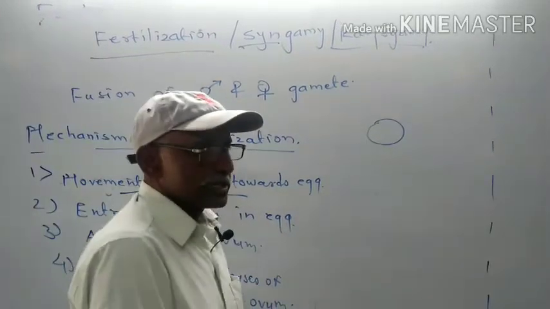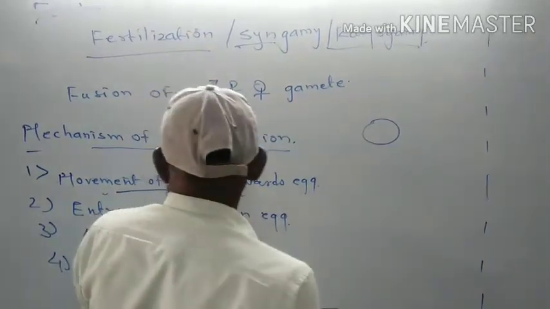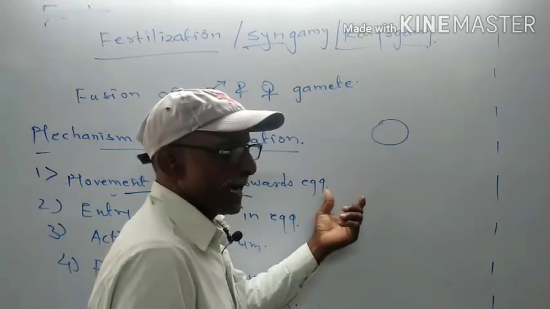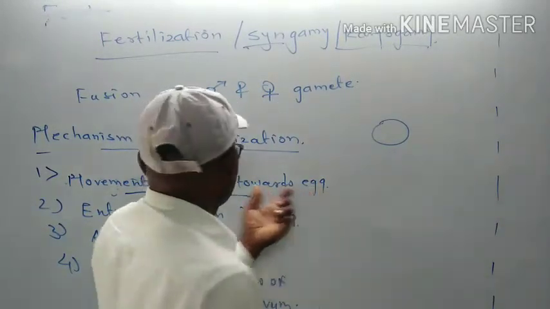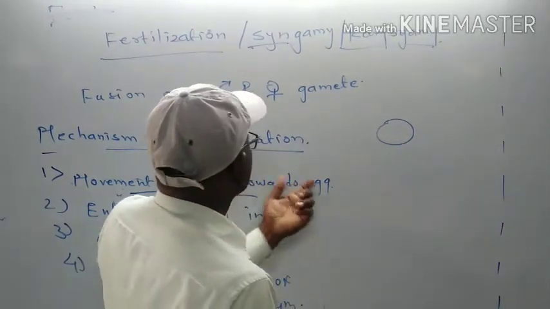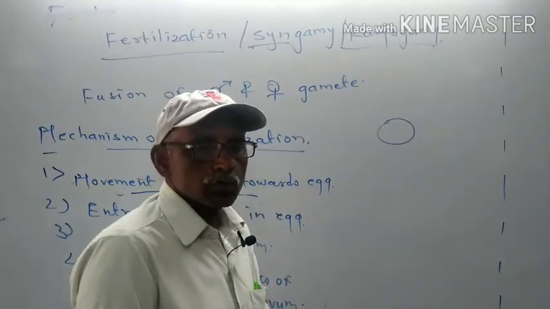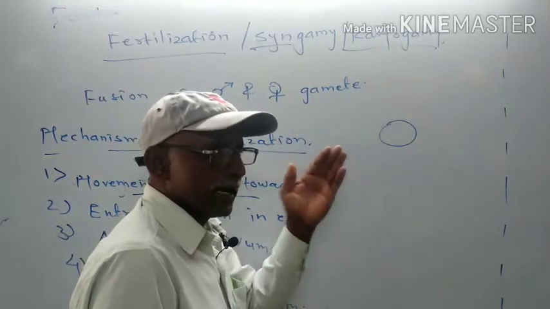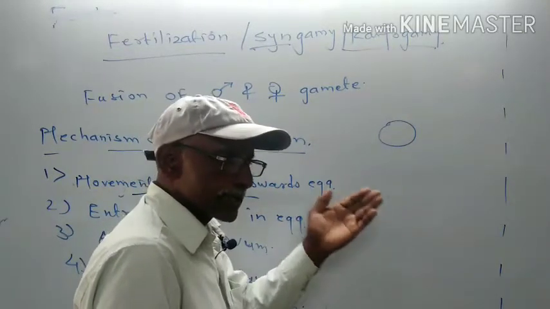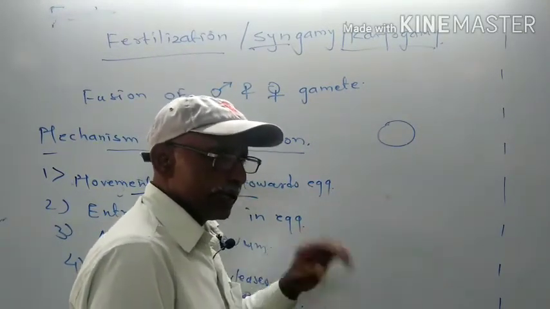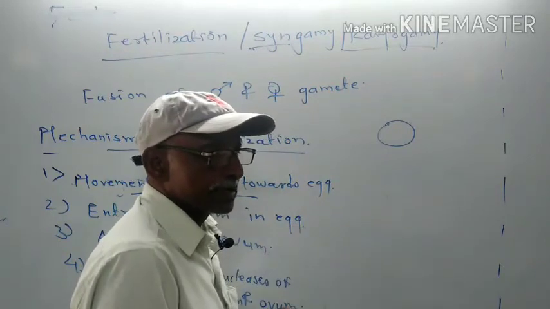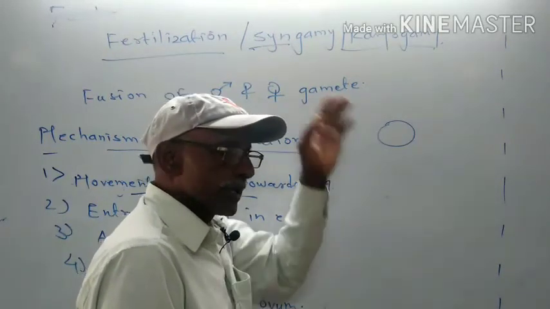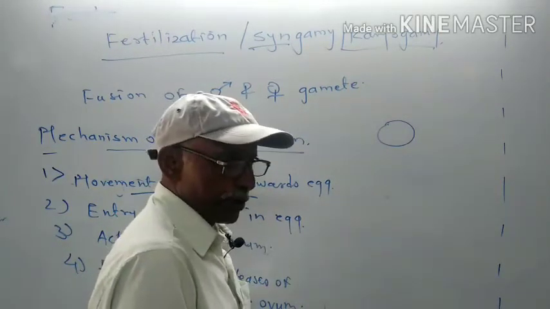After ejaculation, the sperm moves from the vagina towards the egg apparatus, through the external and internal walls of the cervix, and then enters the fallopian tube.